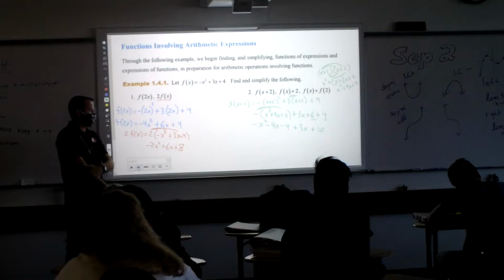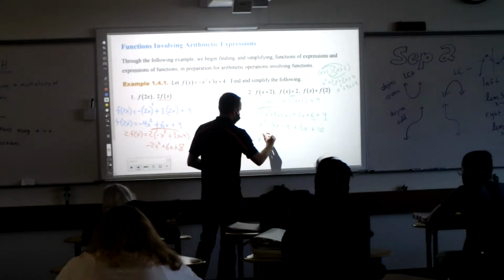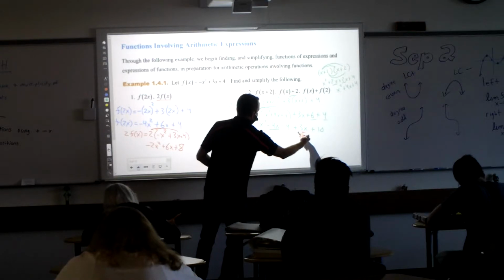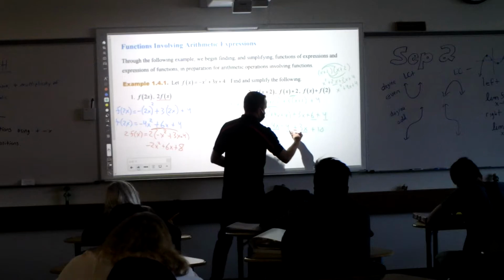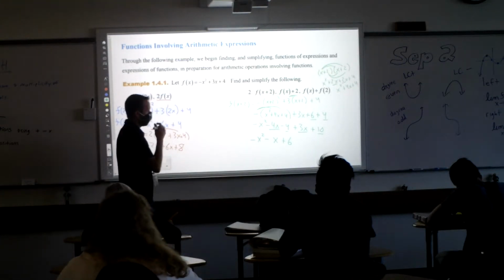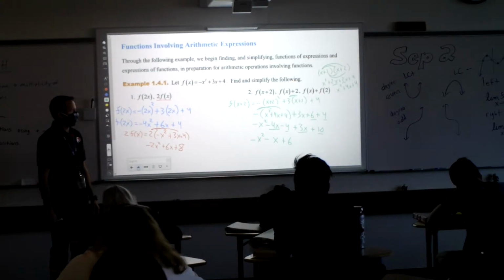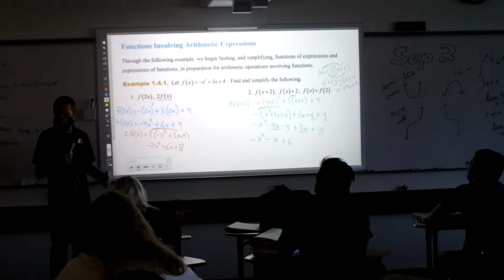Are there some like terms I could combine here? Good, and that will just become negative x. And if we do negative 4 and 10, I believe that gives us 6. All right. That was a little more work, but you understand how to do it.